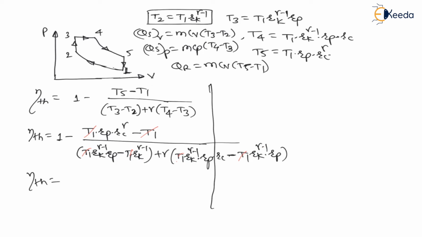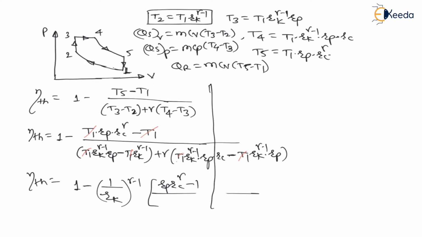Therefore, the equation becomes 1 minus 1 upon Rk raised to gamma minus 1 from the denominator, into, in the numerator, you will find Rp Rc raised to gamma minus 1, divided by the denominator.